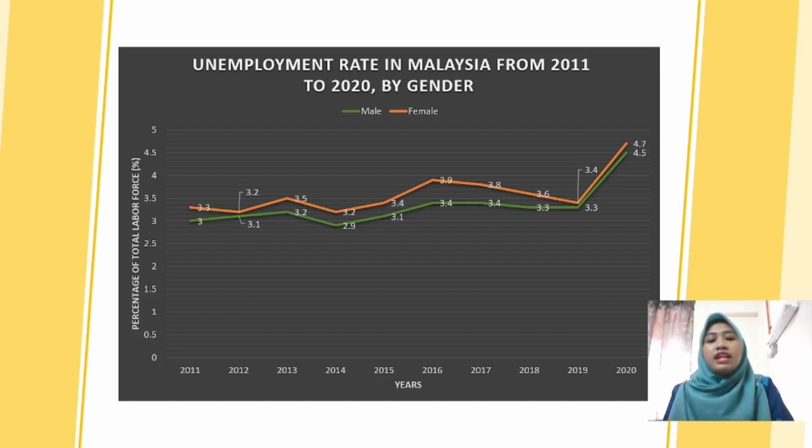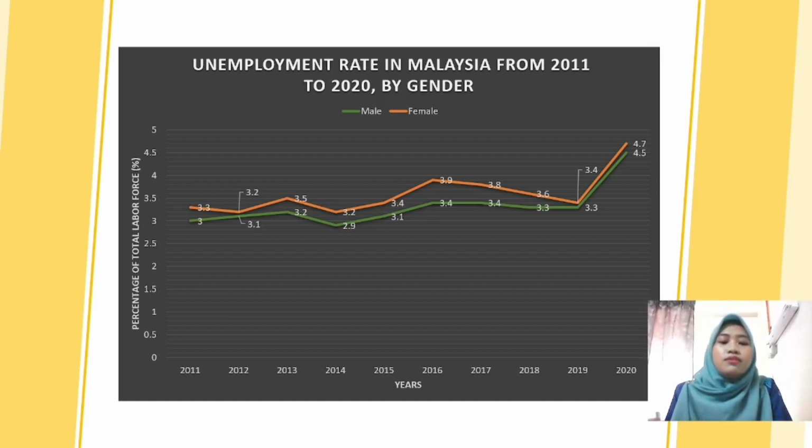Following the next year, the unemployment rate among males increased slightly to 3.1%, but it was a different case for females as it decreased to 3.2%, a difference of 0.1% from year 2011.